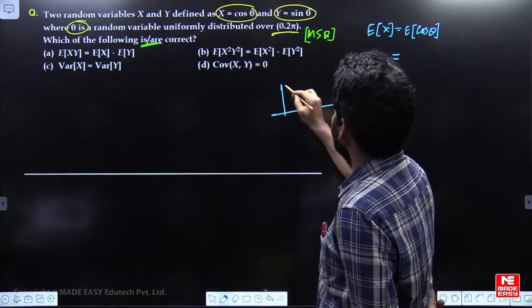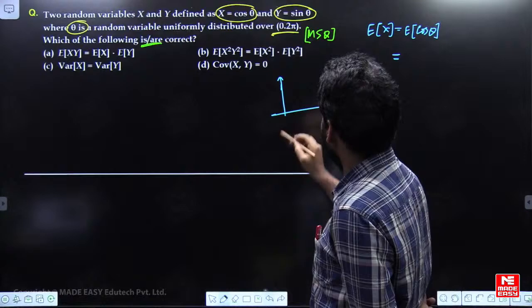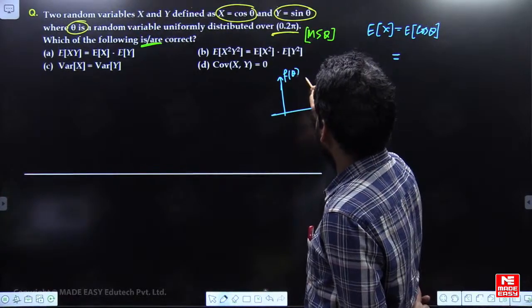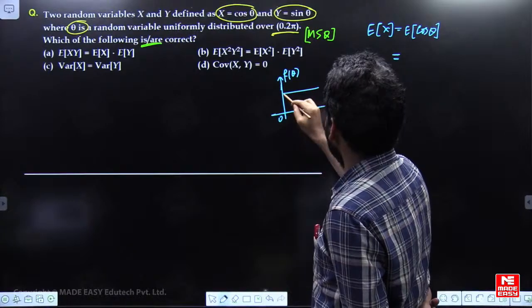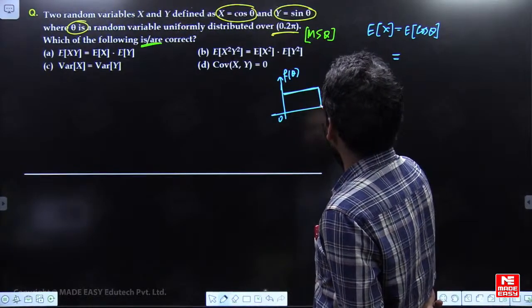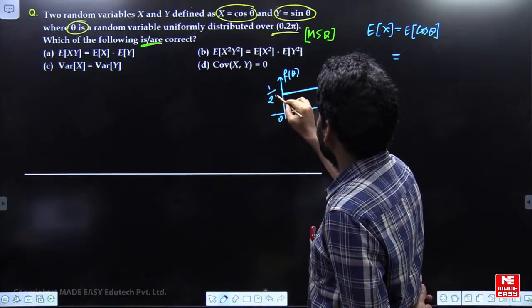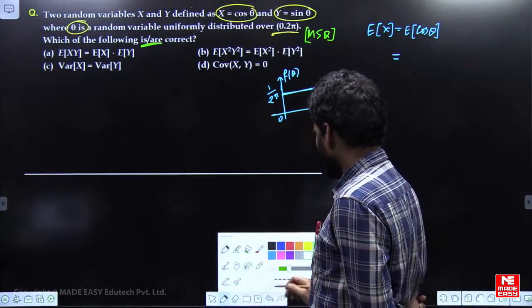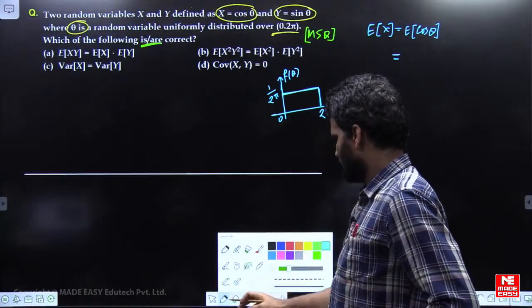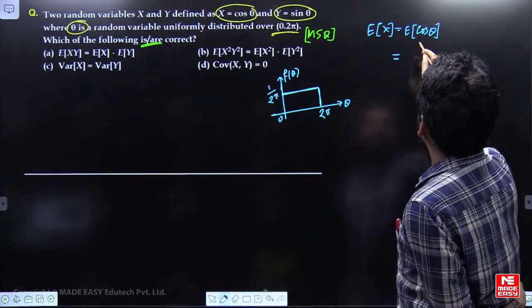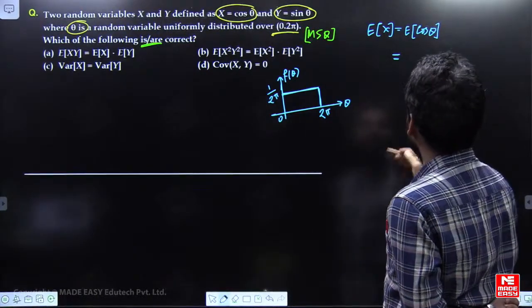The density function of theta, f of theta, is uniformly distributed in the interval 0 to 2 pi. The height is 1 upon 2 pi, of course.